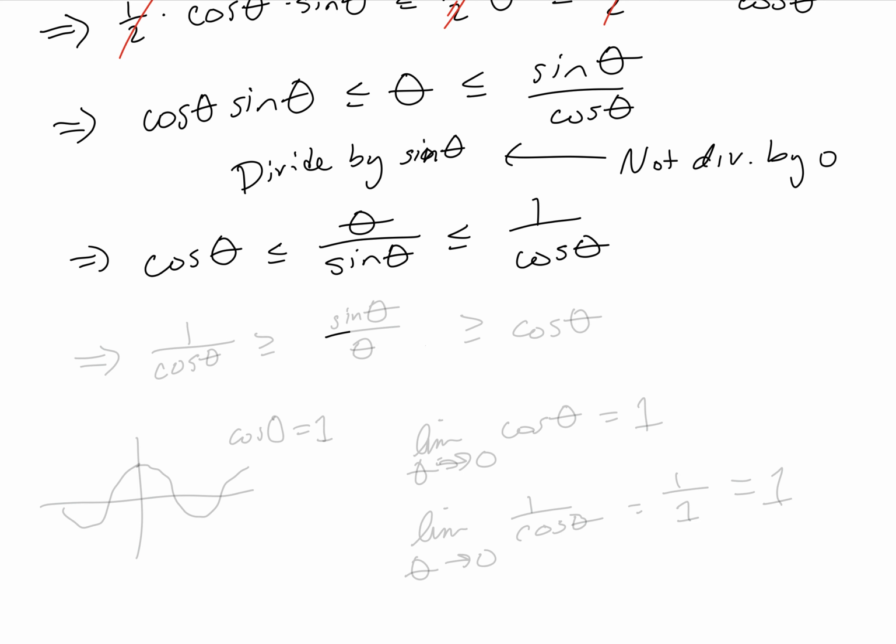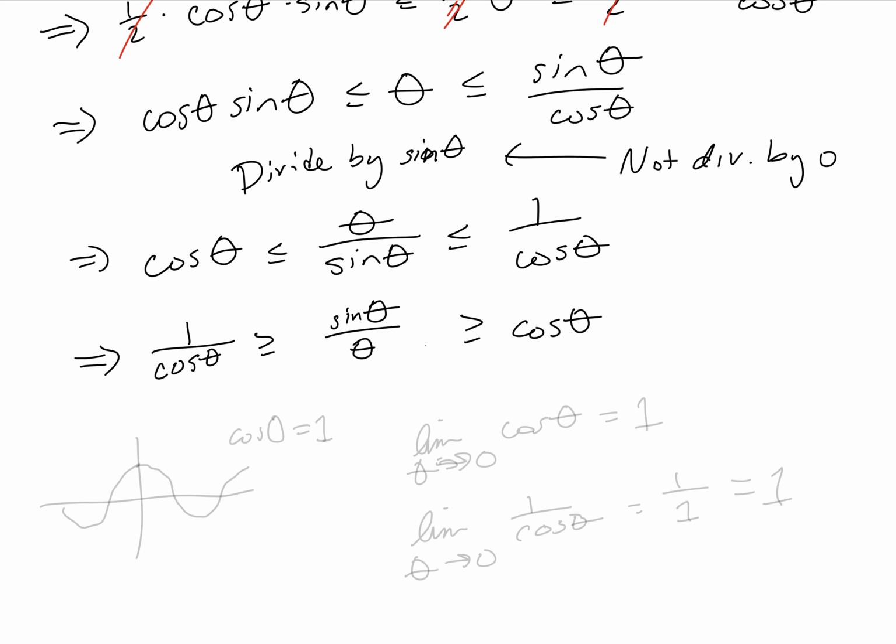So we're actually interested in sine theta over theta, so we can invert all sides of that inequality, and doing that will flip our signs. So flip our fractions and our signs. 1 over cosine of theta is greater than or equal to sine of theta over theta, which is greater than or equal to cosine of theta. Okay, so great. Now we've got sine theta over theta sandwiched between two functions.